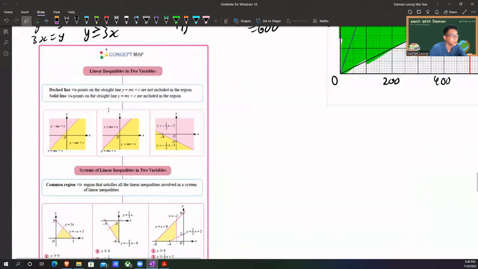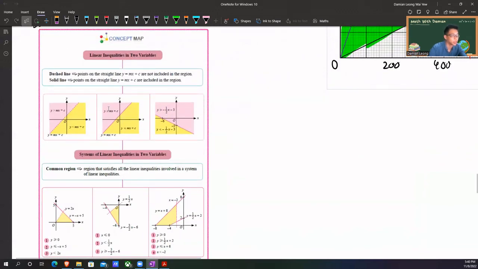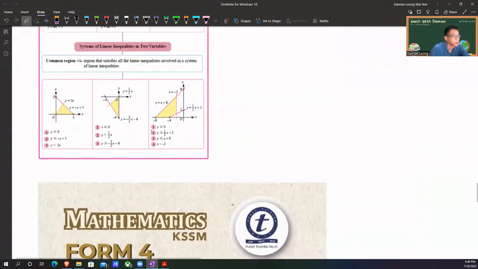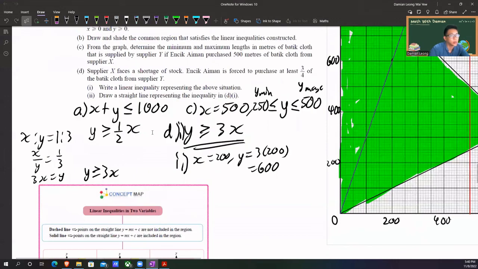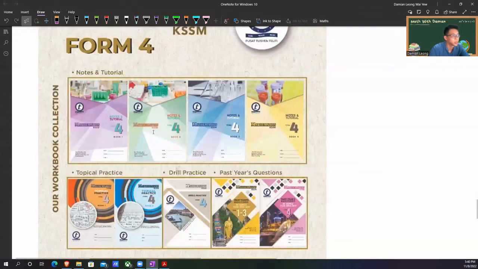For a system of linear inequalities, make sure you identify one by one. Look at the inequality that bounds the shaded region, whether you are trying to shade or trying to find the inequality, line by line. So basically that will be it for chapter 6.